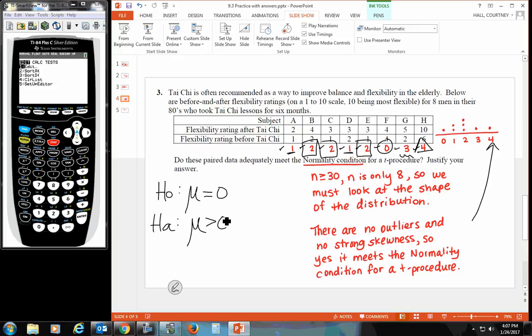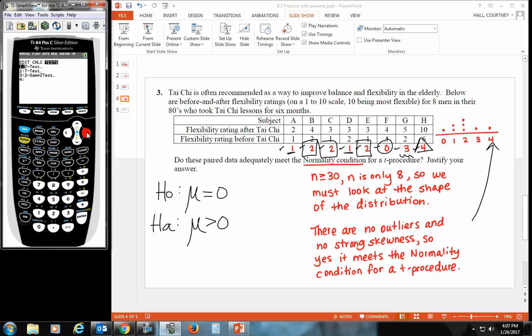And the way I subtracted it, rating after minus rating before greater than 0. Yeah, we want it to be greater than 0 because you want your after to be higher than your before.